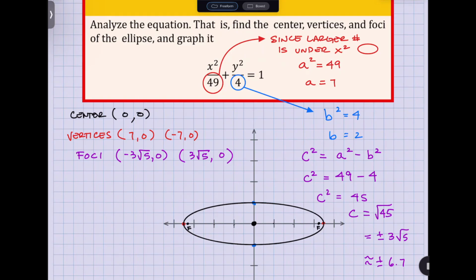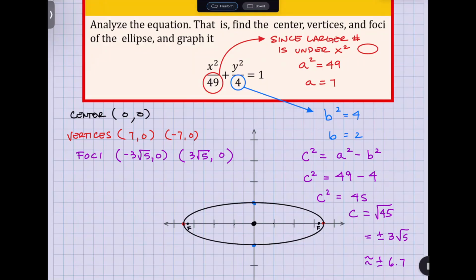And is it opposite if the graph is? Correct. If it's elongated the other way, we'll use this as a really bad example, if it goes this way, then this is a major. So my vertices, foci, center, foci, vertices, and then these two sides here would be my B. If it's this way, same thing, that would be my major, vertices, foci, center, foci, vertices, and these would be my B. Cool?